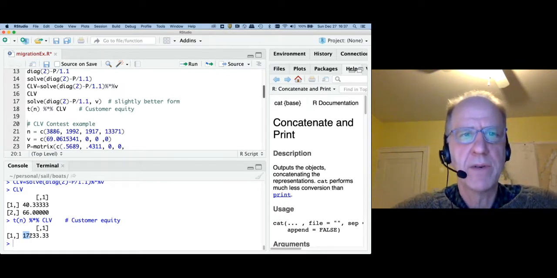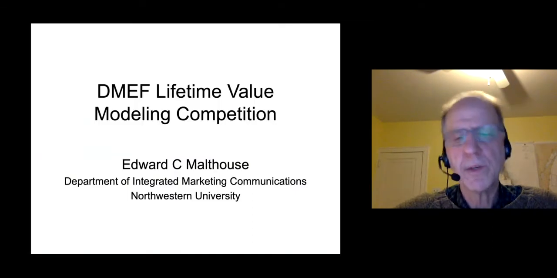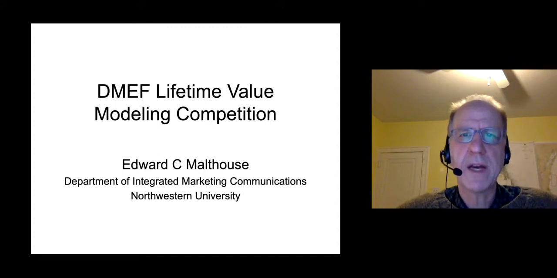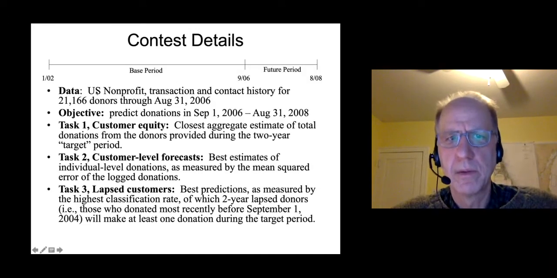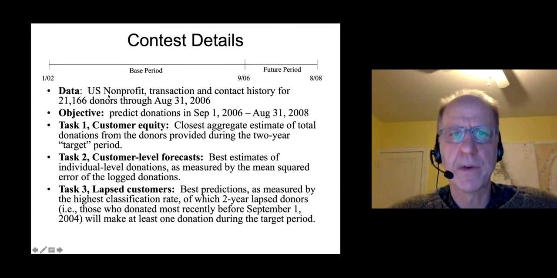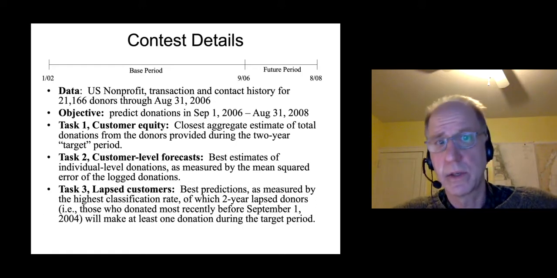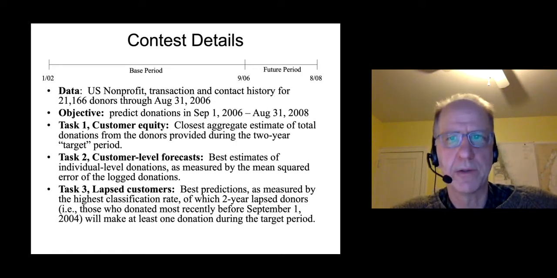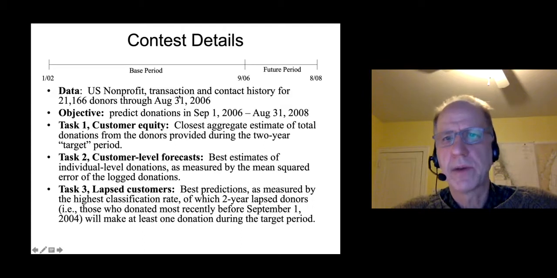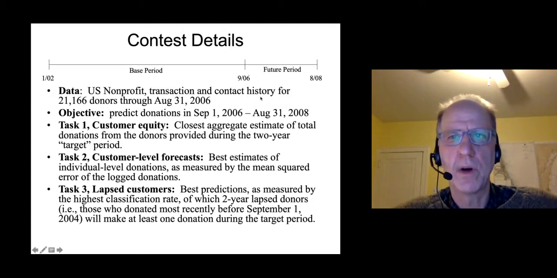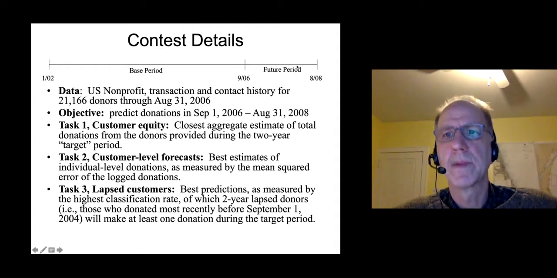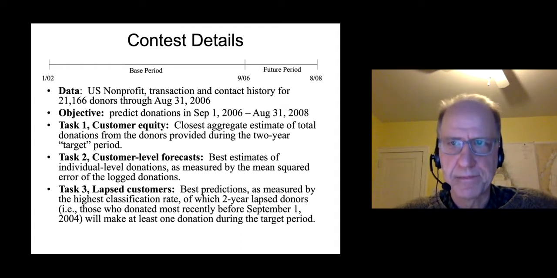I'd now like to cover another example. About 15 years ago, I organized a lifetime value modeling competition. We were working with a major U.S. nonprofit organization. So this could be something like Easter Seals or the Heart Association or the Paralyzed Veterans. They gave us the transaction and contact history for all donors up through about the beginning of 2008.